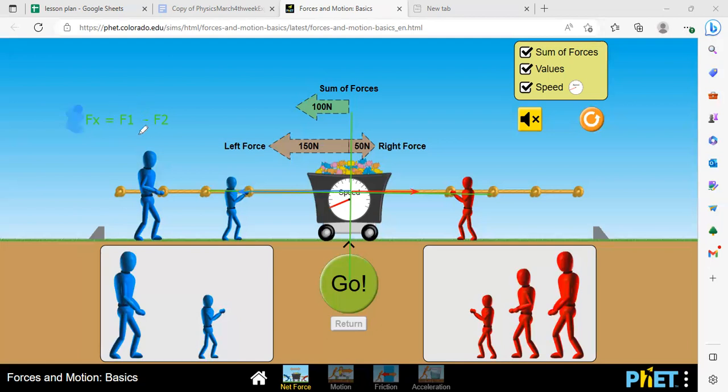So, yung summation of forces along X, F1 minus F2. So, it should be equal to the mass times acceleration. Okay?